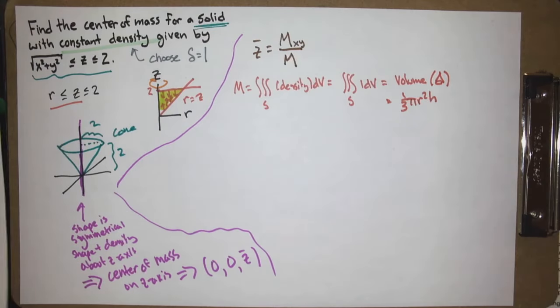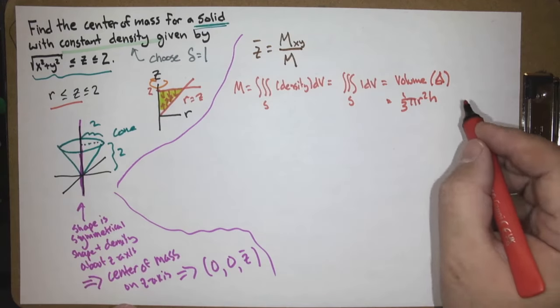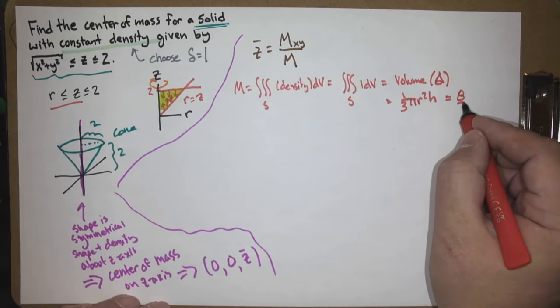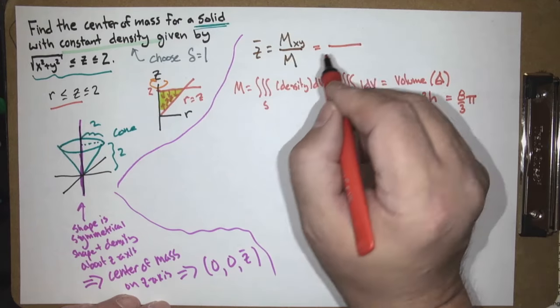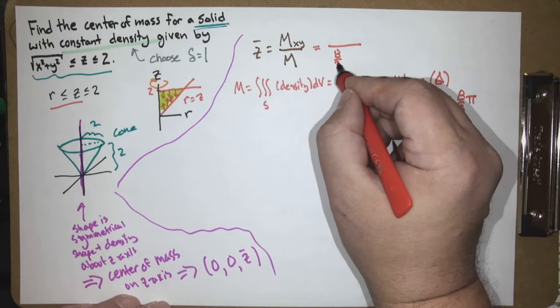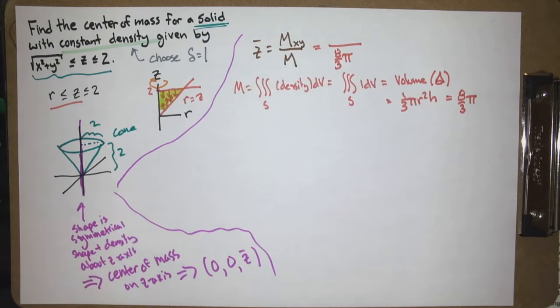What are r and h? Radius is 2, height is 2. So this makes it 8/3 pi. So we've already got 8/3 pi downstairs. That means we only have to do one integral for this problem. That's our favorite number of integrals. Well, maybe 0. But this is our second favorite number of integrals, which is 1.